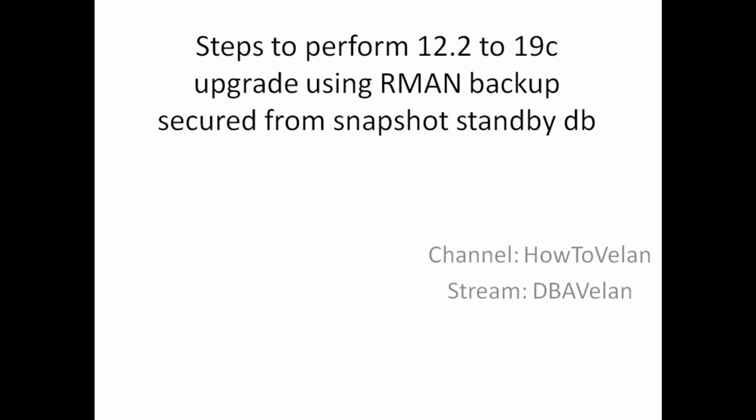Or there may be some situation where you cannot use the 12.0.2 binary to perform a reset logs and then perform the DB upgrade checks and the actual upgrade. So I needed to disable Database Vault in the snapshot DB, then take a backup and move on with the upgrade. Okay, so let's get into the video.